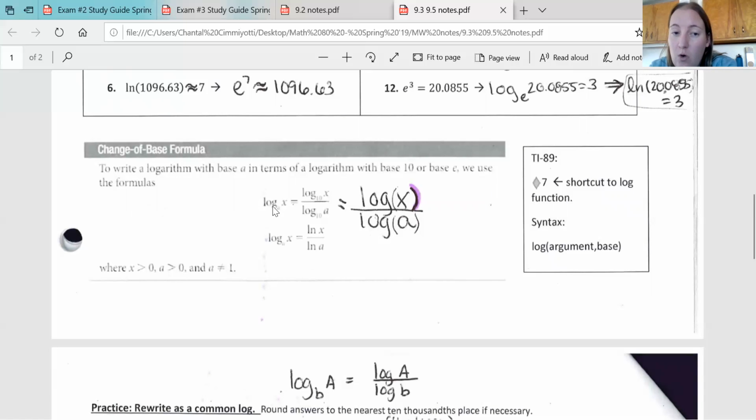So it's like you go across the top here and then you go across the bottom. So log of x over log of a. When you do that, don't forget to end your parenthesis so that you're really doing log of x divided by log of a, rather than accidentally saying log of x times log a.